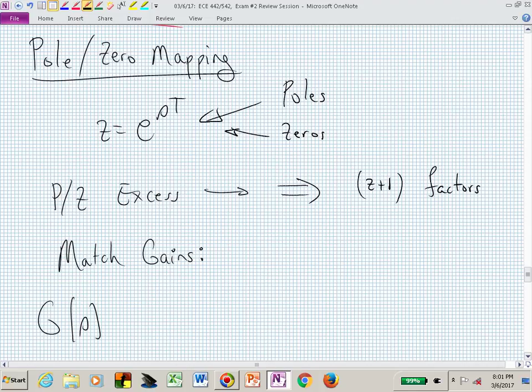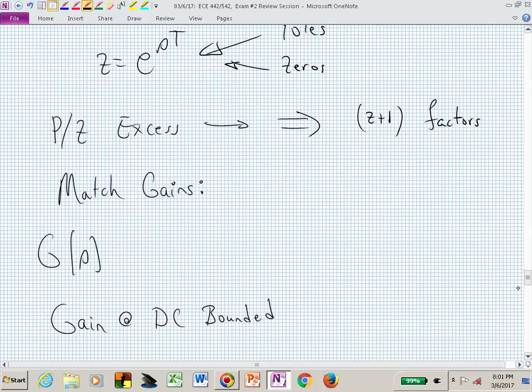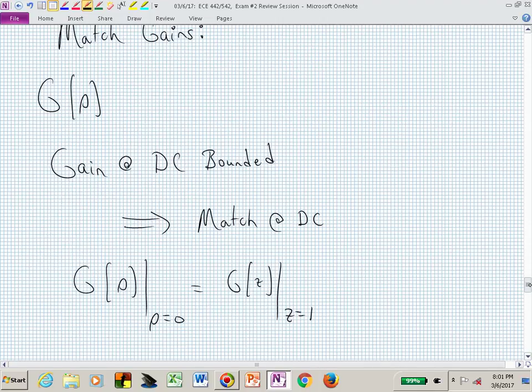And then you match gains. And there what you may want to start looking at is, where is my gain bounded in my expression for g of s? Is it bounded for low frequencies? When s is equal to 0, that's as low as you can get. Then you might match DC gains.